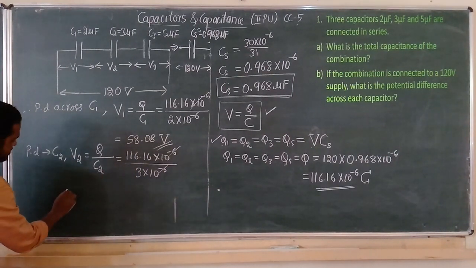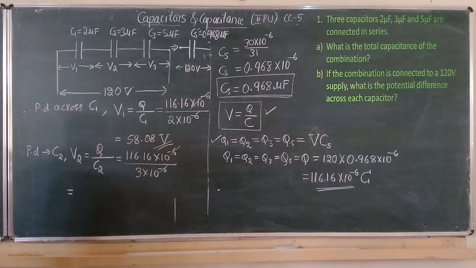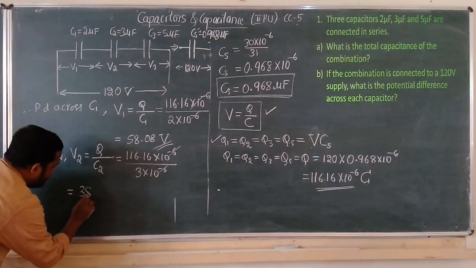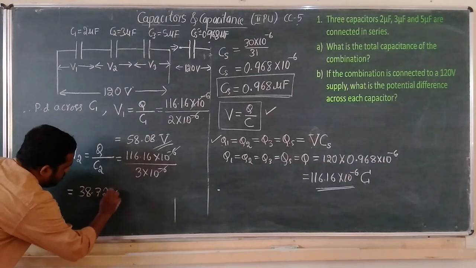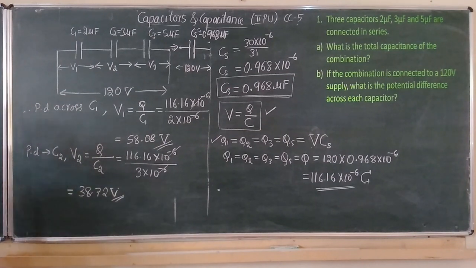If you divide the values, 116.16 divided by 3, you will get 38.72 volt.